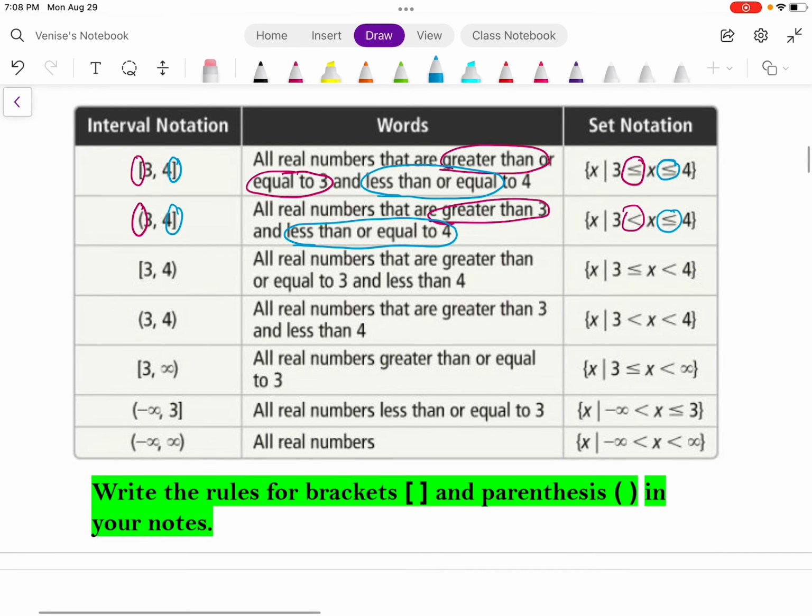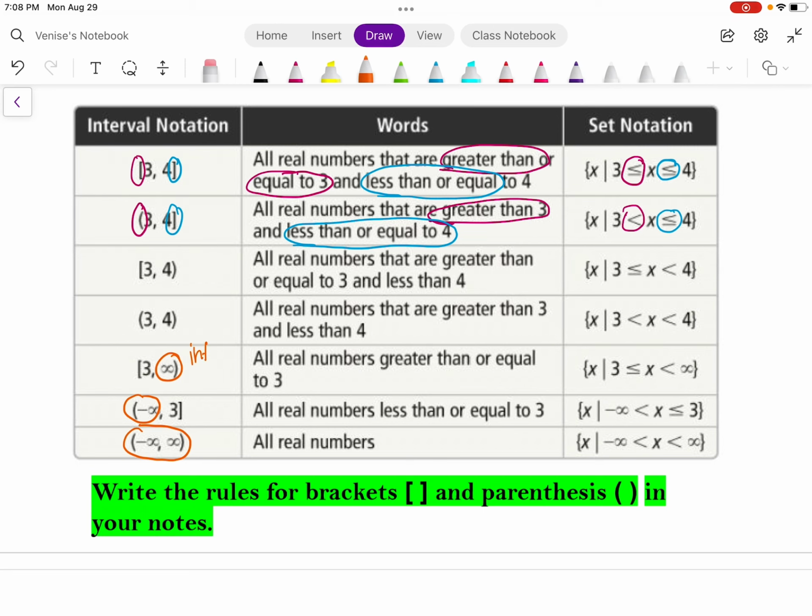So let's look at the infinity sign. Let me use a different color. Infinity signs, if you notice here, whenever there's an infinity on the side, it's always going to be a parentheses.